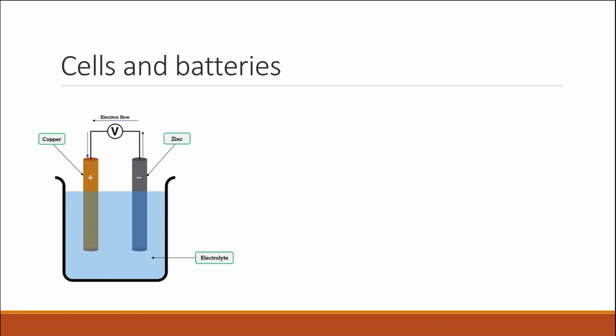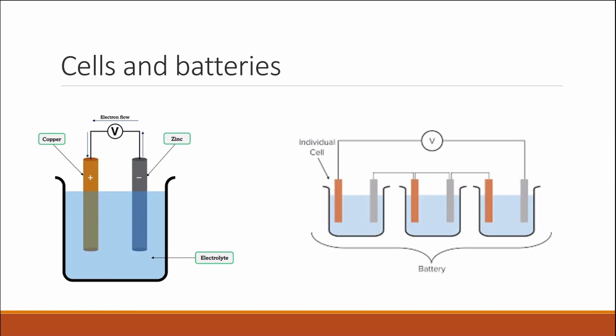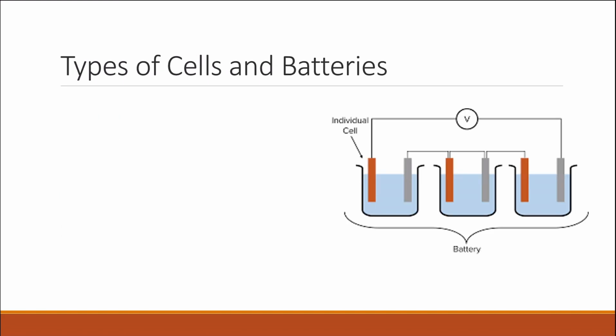So we assemble two electrodes with an electrolyte to create a charge difference between them. While a battery like this one is made out of two or more cells connected together in series to provide greater voltage. Each of these is a cell, and they are connected together, so the voltage produced here is much greater than the one produced by a single cell.